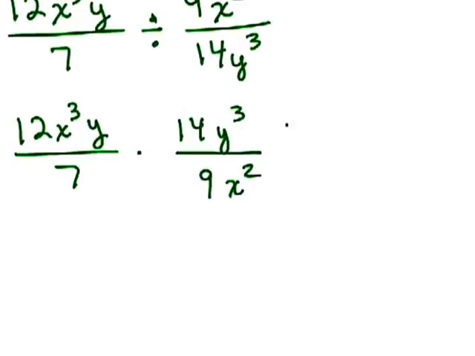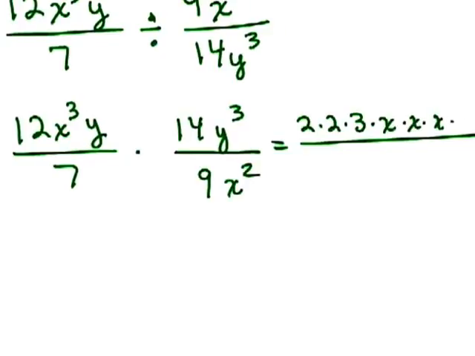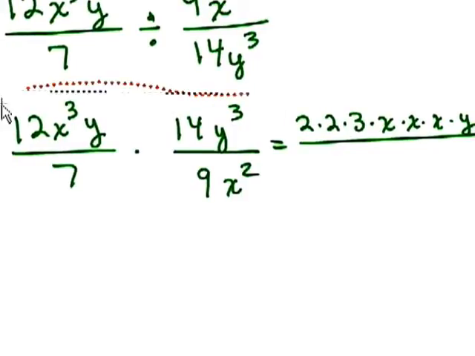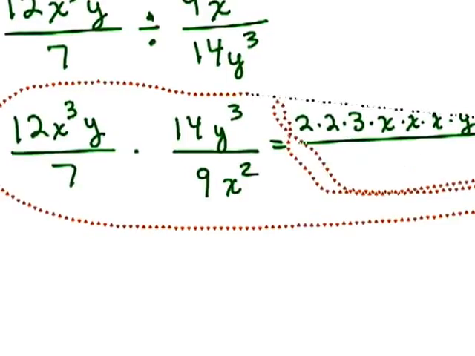Right? So if you wrote it all out the long way, for 12, I'm going to do the numbers first. 12 is 2 times 2 times 3, right? And then we'd have x times x times x times y. And then, I think I'm going to run out of room here, so I'm going to make this a little bit smaller.